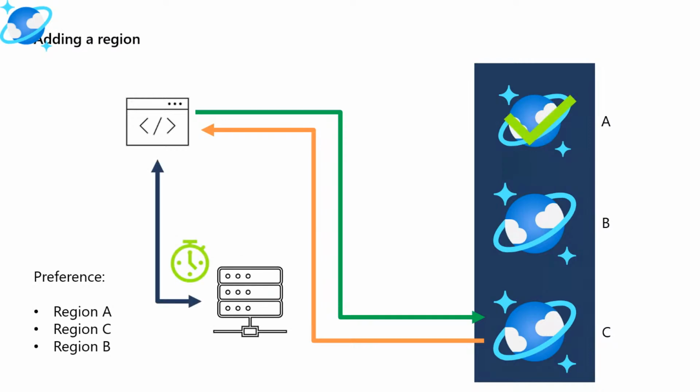Now, there could be, hopefully, a time when that region A goes back online, because we are going to region C, but maybe that's due to latency. That's not ideal. I mean, these are still 2 different Azure regions, so maybe operating on region C is having a bit more latency than operating in region A, and while that gives us availability because our operations are now succeeding, it's not great from the latency perspective.